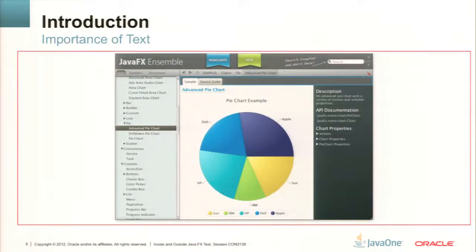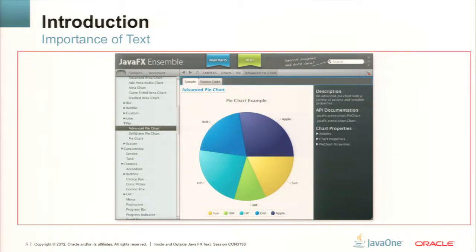So this is just a slide to sort of get it over. If you look at this demo, Ensemble is one of the demos that you can download that shows off all the different features of JavaFX. If you're familiar with Swing, it's basically like SwingSet, except it's got even more in it. It's got so much in it, I don't think I've actually explored it all.